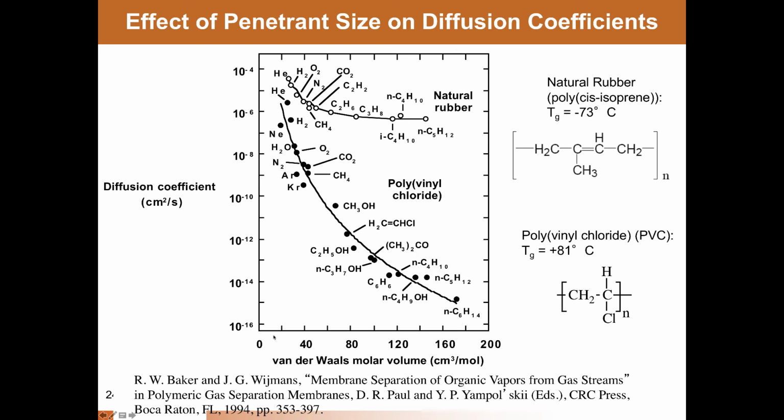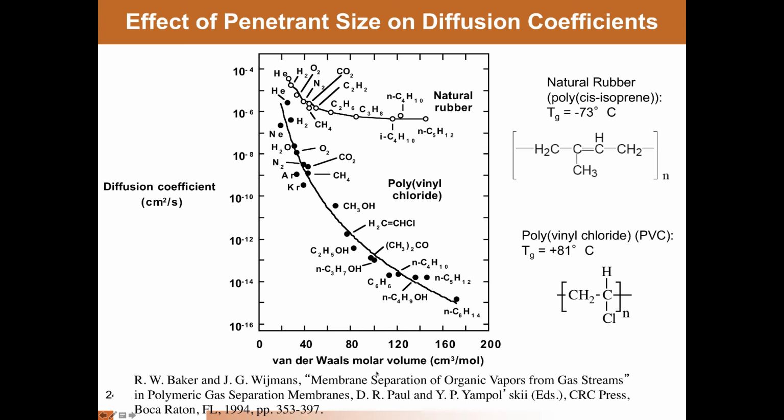Plotting the data against the van der Waals molar volume, one of the things that we're going to see over the next few slides is that there is no universally agreed upon measure of penetrant size that's predominantly used to scale diffusion coefficients across the field of transport phenomena in polymers.